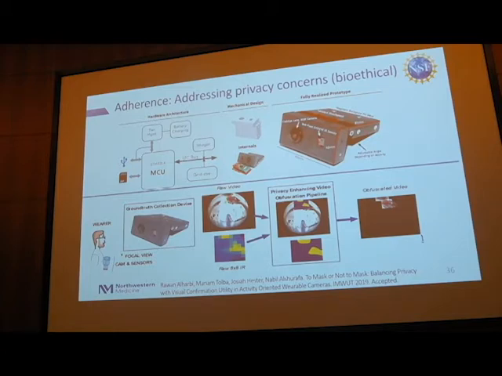One of the bioethical concerns that we had with the camera was bystander privacy. You're all sitting here, and I have a camera, so there's a concern: why are you being recorded? So we came up with a new idea that combines an IR sensor array with an RGB camera so that we can know when the hand is in close proximity, and so it can obfuscate the background.